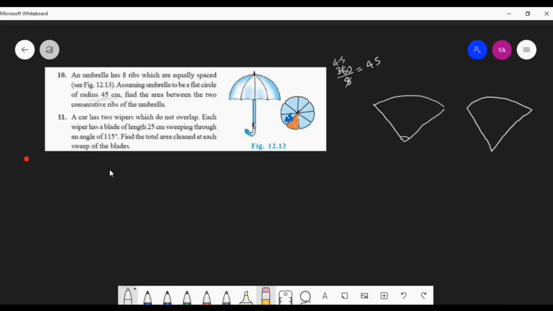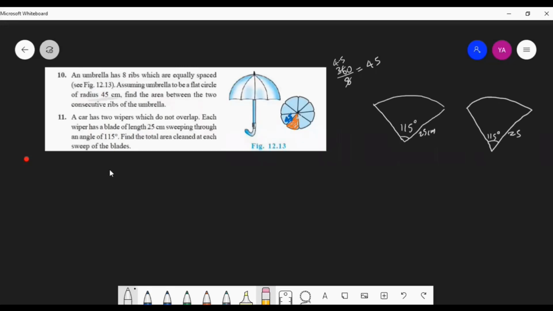The length of the wiper, the blade, is given, that is 25 centimeter. And the angle 115 degrees is given for both. This is also 25, and we want to find the total area cleaned at each sweep of the blades.